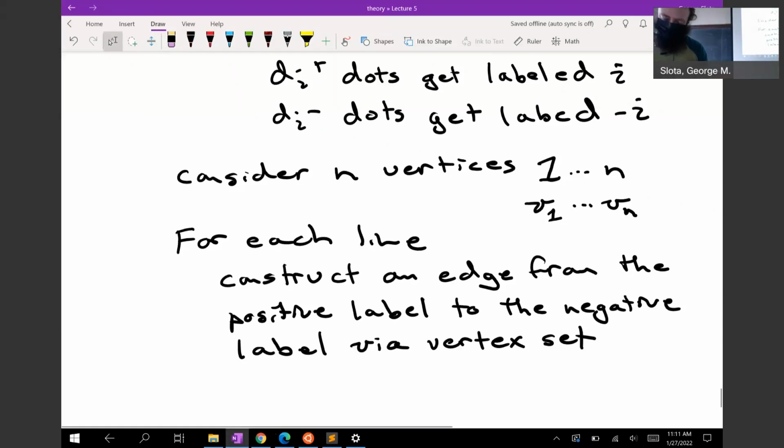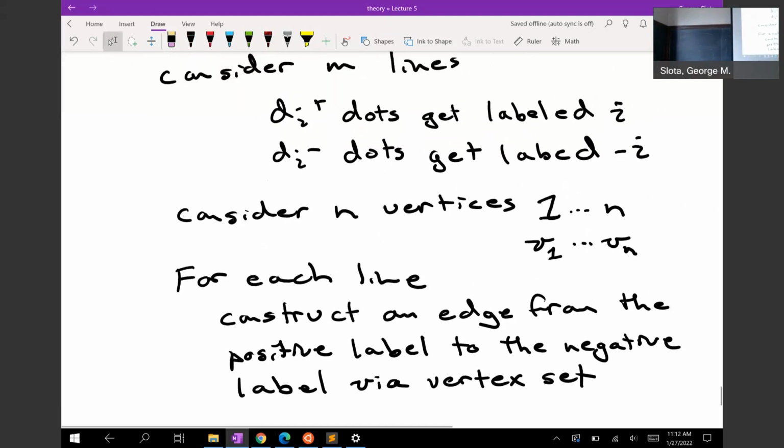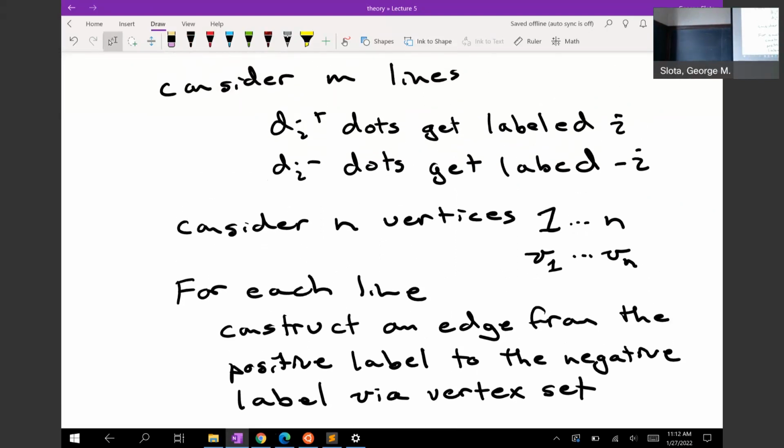So this is essentially our algorithm. Construct a realization of a loopy multi-digraph.